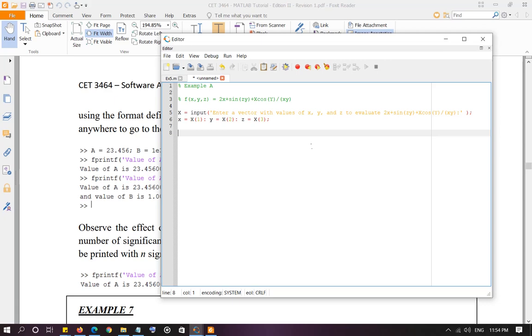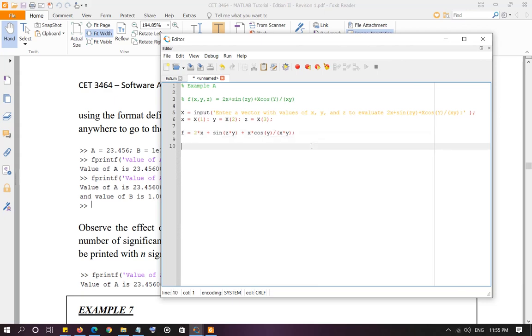I'm assuming x, y, and z are single values here. They're not vectors. Plus x cosine y, so x times cosine of y, and this is divided by x times y.